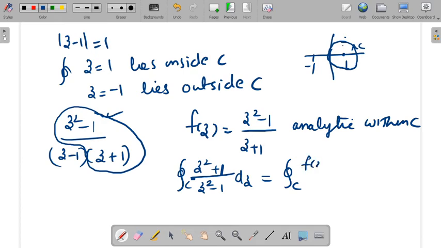So f of z divided by z minus 1 dz, and using Cauchy's integral formula we can write this as 2 pi I into, z minus a ആയിട്ട് കമ്പയർ ചെയ്യുമ്പോൾ എയുടെ പ്ലേസിൽ 1 ആണ് കിടക്കുന്നത്. So 2 pi I into f of 1. f of z നമ്മൾ ഇവിടെ എഴുതി വെച്ചിരിക്കുന്നുണ്ട്. So f of 1, z ന് പകരം 1 കൊടുക്കുമ്പോൾ f of 1 is equal to 1. So this integral is equal to 2 pi I.